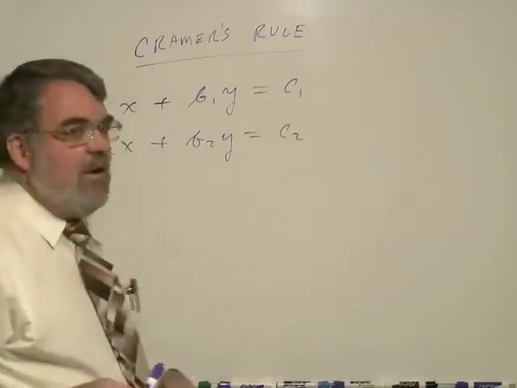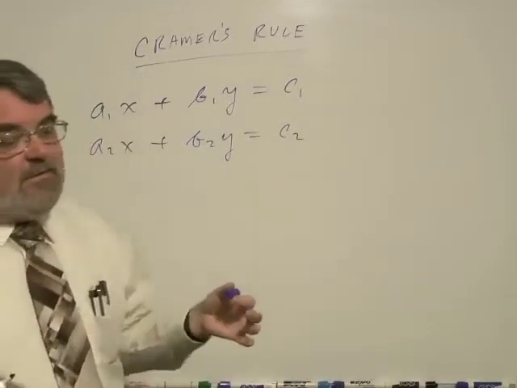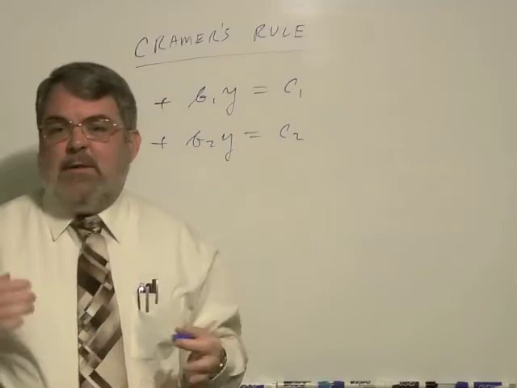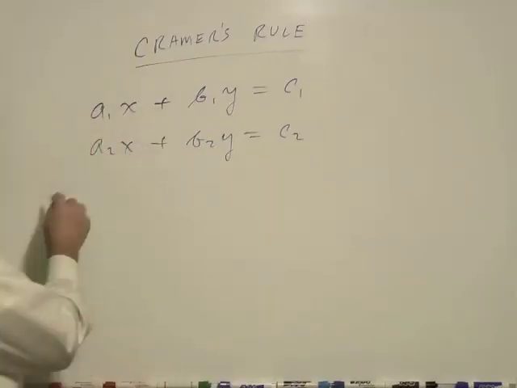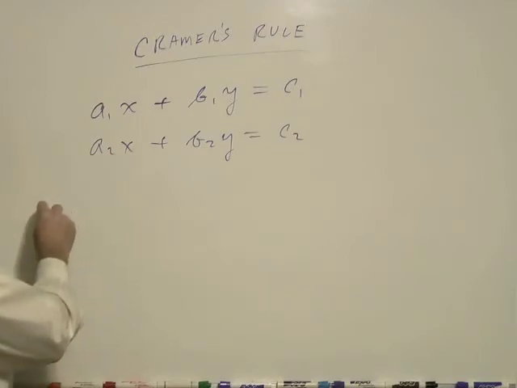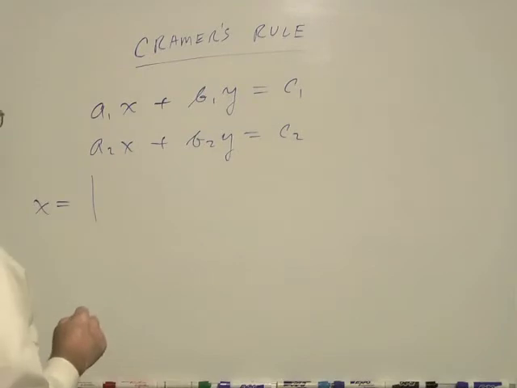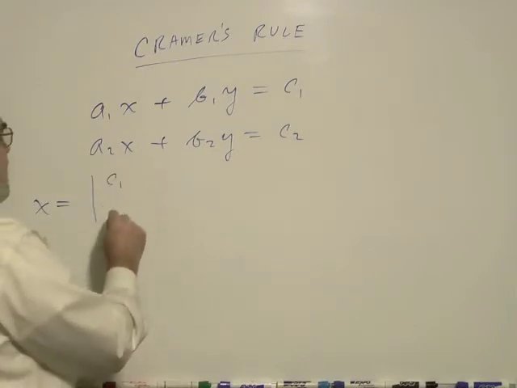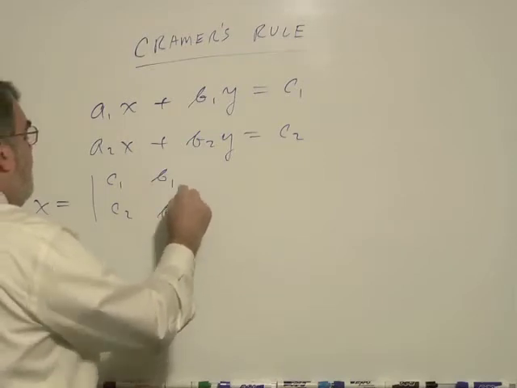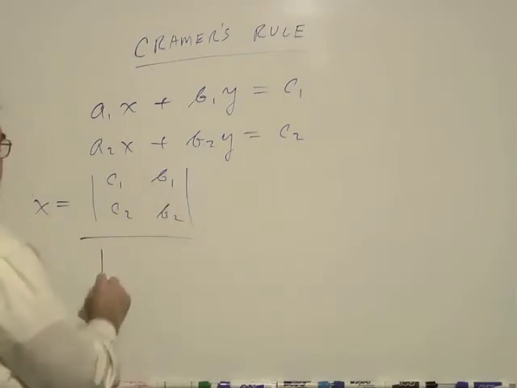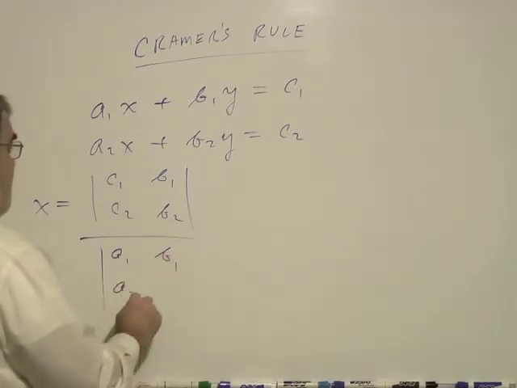Alright, well, we can actually write down the answer for x and y. Now normally, we solve these equations by some kind of elimination or substitution technique. But I'll show you Cramer's rule. Like I said, we can solve the equation immediately. We can write x equals the determinant of c1, c2, b1, b2 divided by the determinant a1, a2, b1, b2.